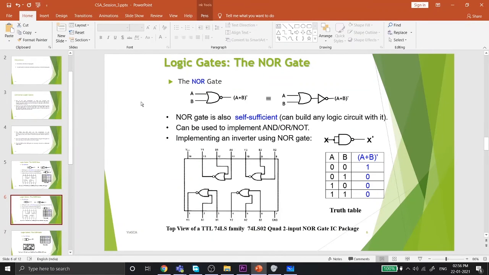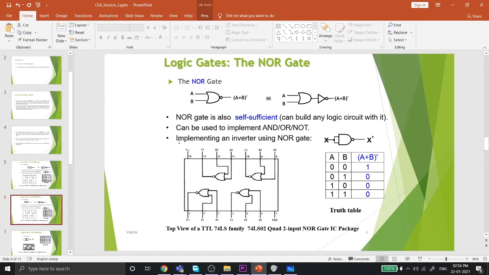So this is the top view of a TTL 74LS family chip, and it says 74LS02 quad 2 input NOR gate IC package. Quad means 4, so it has four 2-input NOR gates. It has a total of 14 pins.